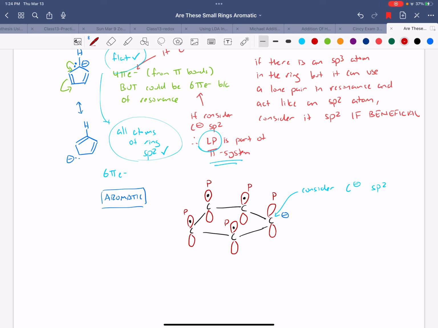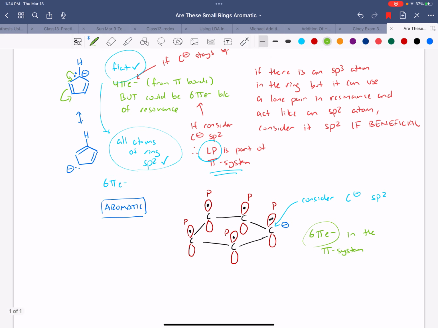In that p orbital for the C anion, you do have that lone pair. And so now if I ask you how many pi electrons are in the pi system, for sure you can tell me that there are 6 pi electrons in the pi system. A Huckel number. 6. Okay?